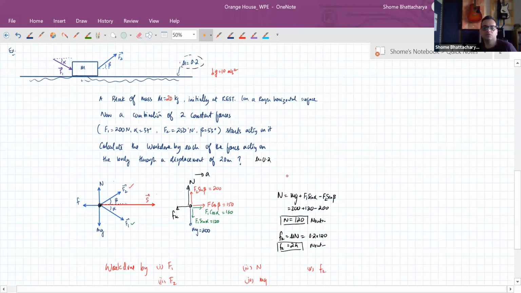Each of these forces, how much work done is there, that you can understand now from the given data, right? So make a note up to here and just work out the final values.